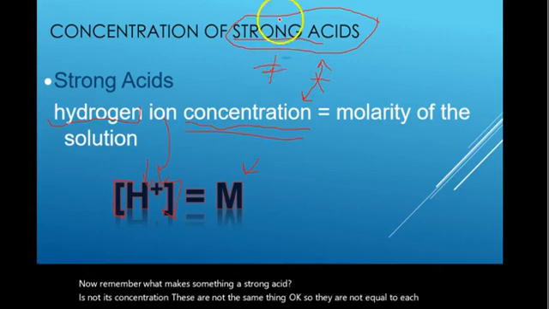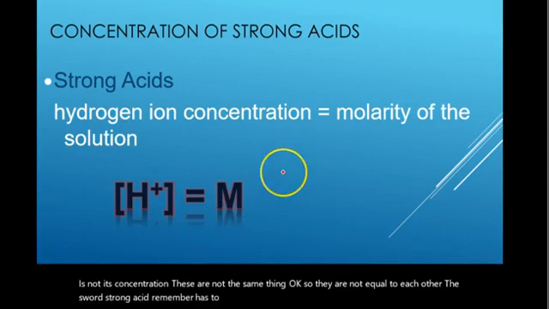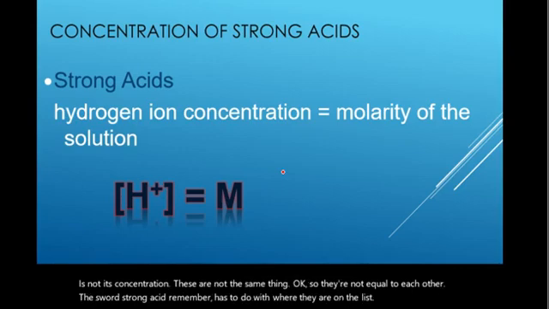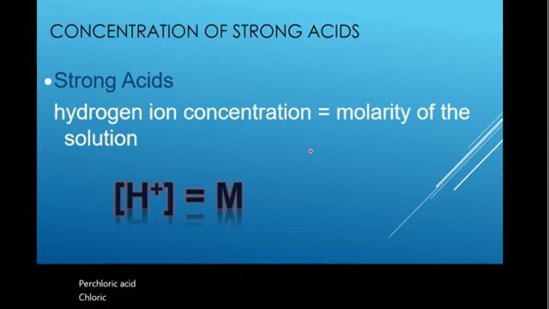The word strong acid, remember, has to do with where they are on the list of acids. So there's a list of acids: nitric acid, sulfuric acid, perchloric acid, chloric acid, hydrochloric acid, hydrobromic acid, and hydriodic acid. That's the list of strong acids.